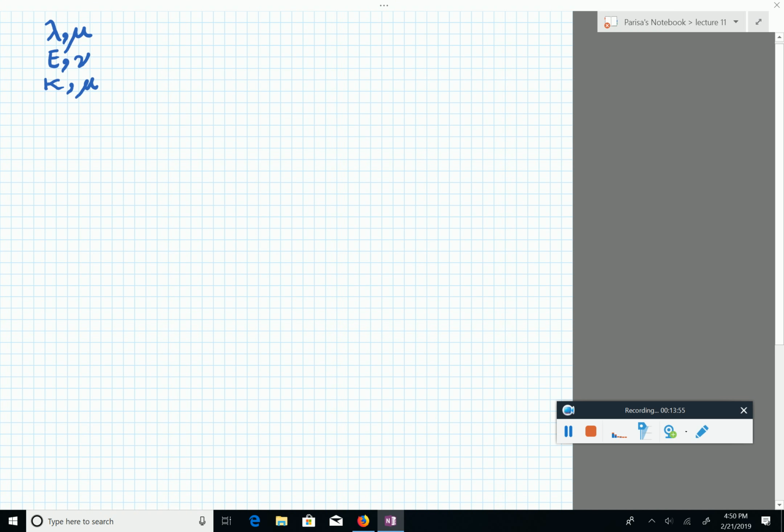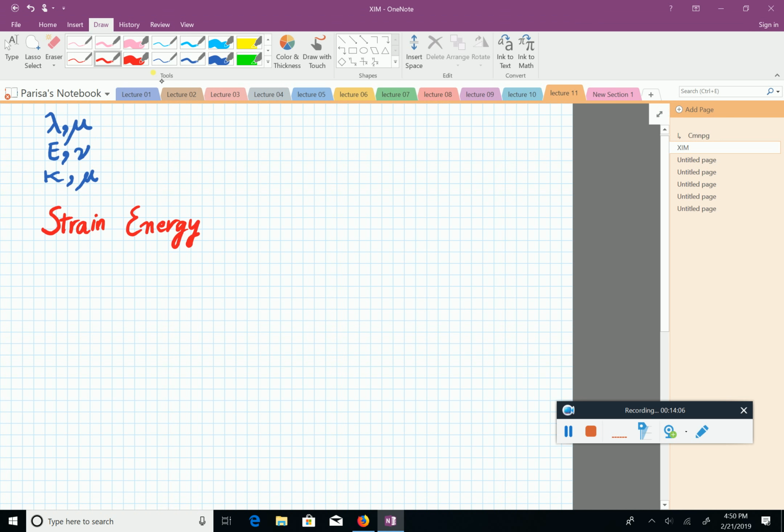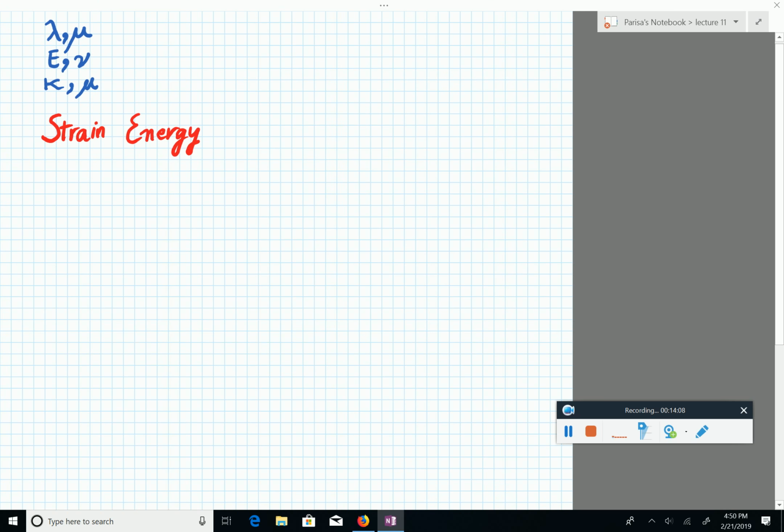So we all know what strain energy is. How would you define the strain energy if someone asks you? Energy stored in deformation. Yeah, that's a good definition.